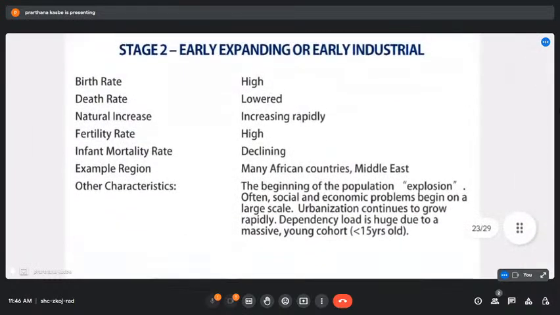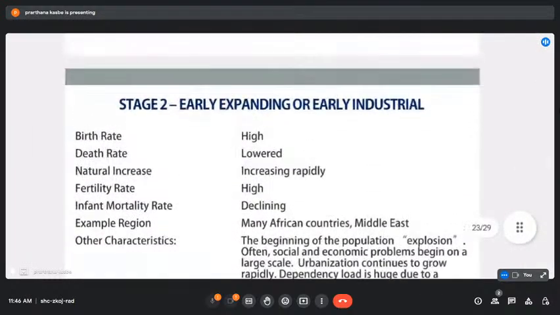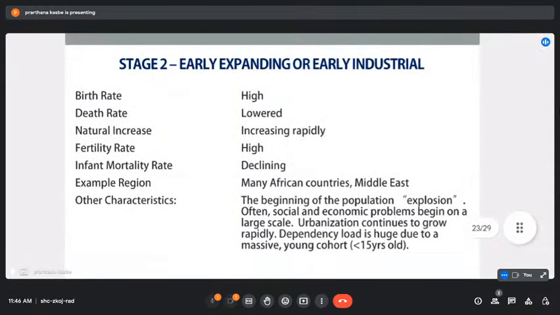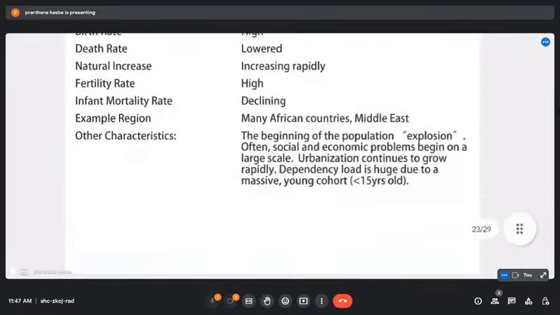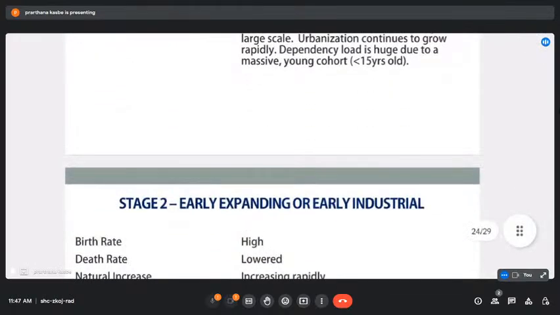So stage 2, early expanding and early industrial. The birth rate high, death rate lower, natural increase rapidly, fertility rate high, infant mortality rate is declining. So here, for example, many African countries or the Middle East countries are here.